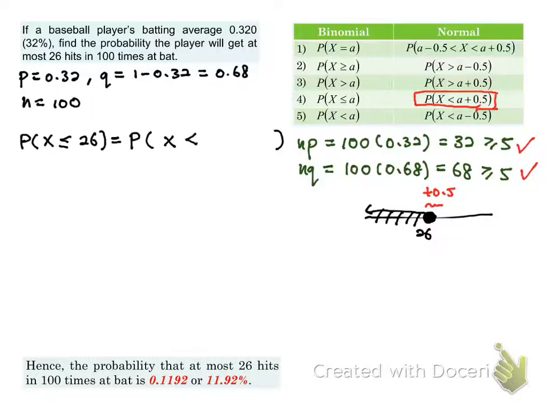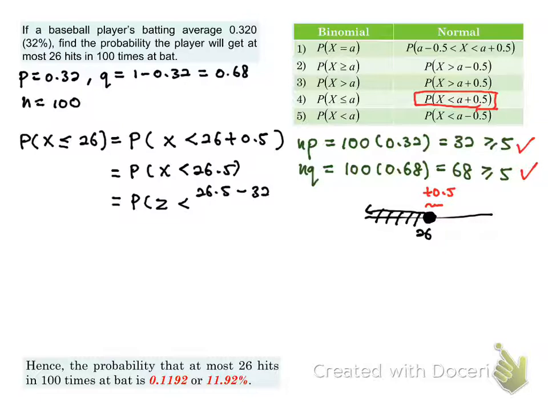So now X will be less than 26 plus 0.5. Clear? So it will be equal to P(X less than 26.5). We change to Z less than 26.5 minus 32, our mean, divided by our standard deviation. What do we have for the standard deviation?